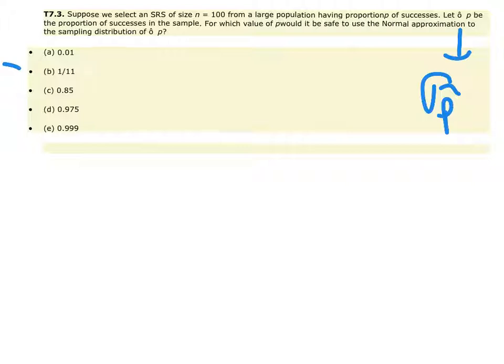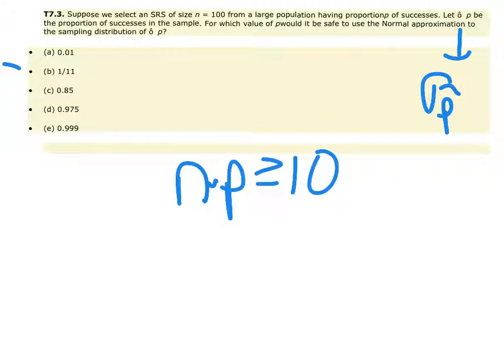From this problem, we know that we are dealing with proportions. In proportions, we have to test that the counts are greater than or equal to 10. The formula is to show that n times p is greater than or equal to 10, and we also show its complement, that n times 1 minus p also has to be greater than or equal to 10.